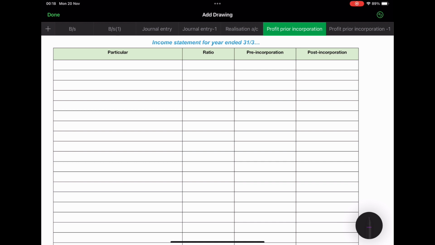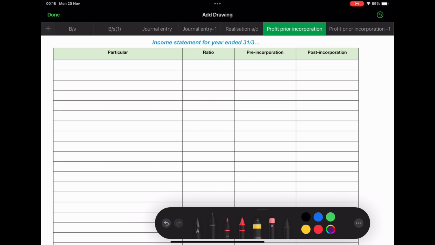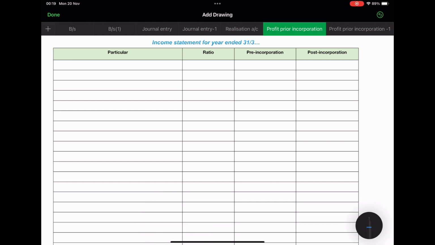So as always, we are going to start from gross profit. We have gross profit valued at 98,000. This value is being bifurcated in the sales ratio, that is 1:6.